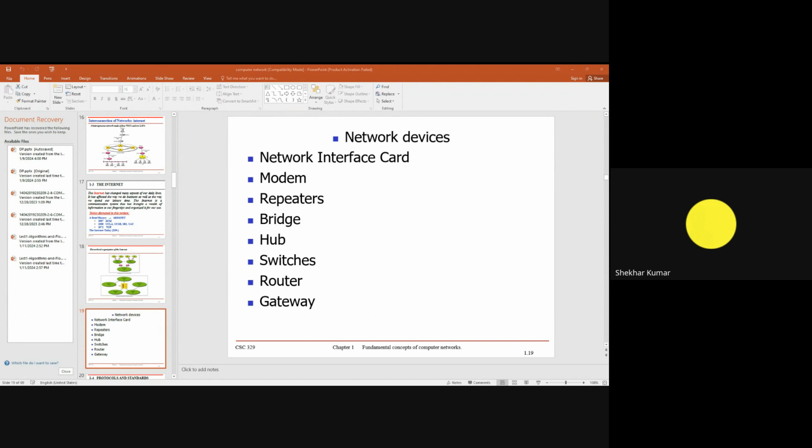Next, we use modems. Modem is also called modulator and demodulator. MO stands for modulator, DM stands for demodulator. It converts your digital signals into analog signals.